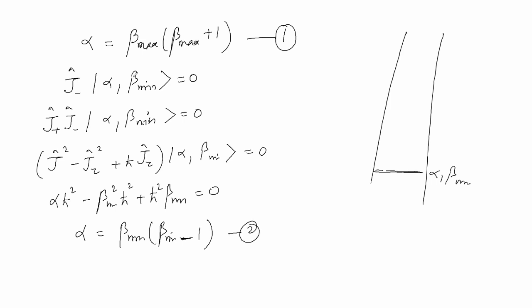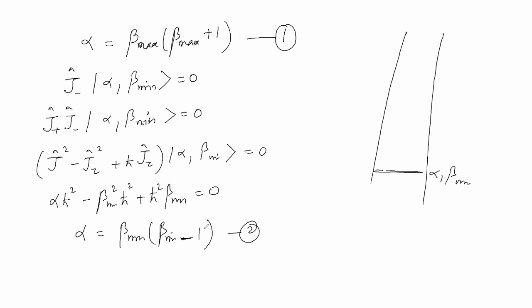One condition that you have obtained is that alpha is beta maximum times beta maximum plus 1, and the other condition that you have obtained is that alpha is equal to beta minimum times beta minimum minus 1.